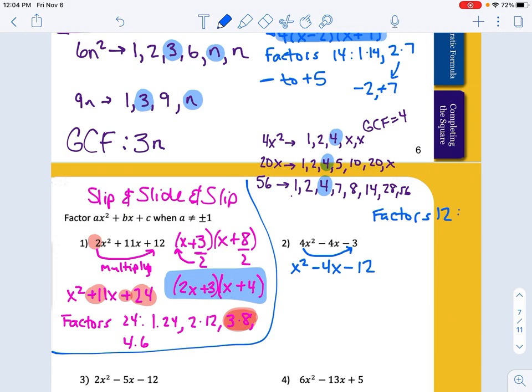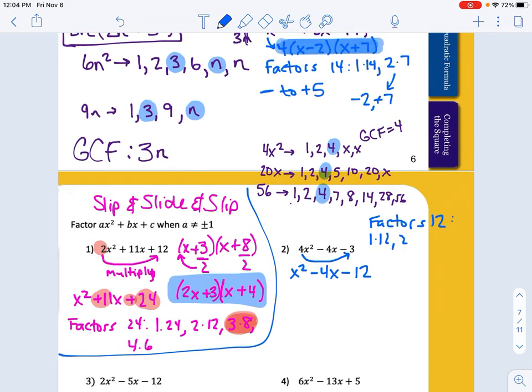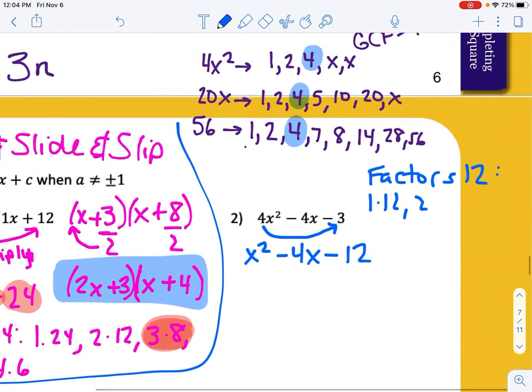So the factors of 12 are 1 and 12, 2 and 6, and 3 and 4. So out of these, the only 2 that can subtract to negative 4 are 2 and 6.